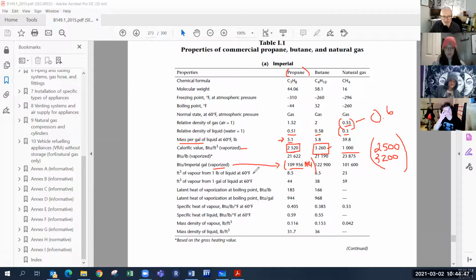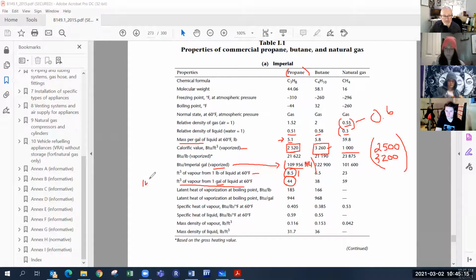Now, we also have cubic feet of vapor from 1 pound. I can get 8.5 cubic feet of vapor from 1 pound of liquid. And we're only going to be concerned about propane for this one. Similarly, cubic feet of vapor for 1 gallon of liquid at 60: I get 44 cubic feet of vapor for 1 gallon of liquid.